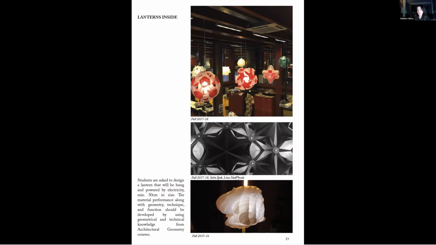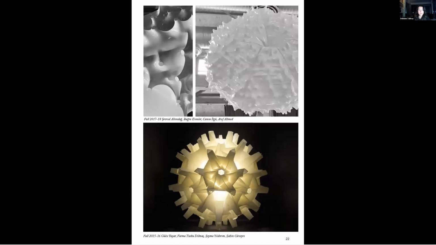At each and every stage, all the design problems are formulated in a way that they turn into one-to-one scale products. In the first semester, the lanterns are the final products of the students.